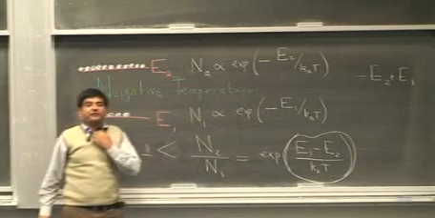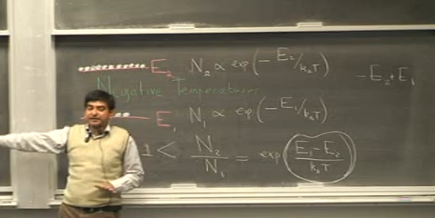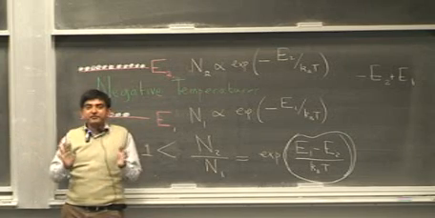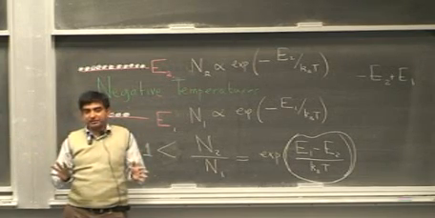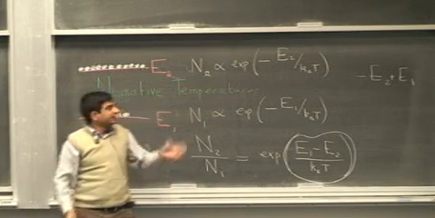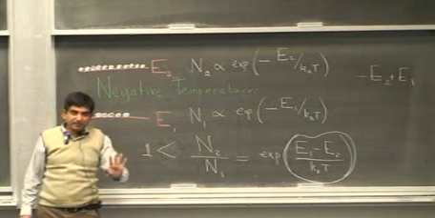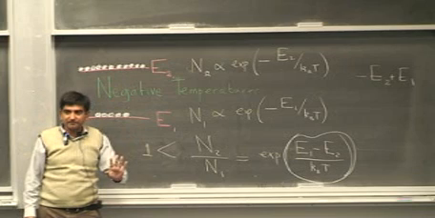So if we were to define temperatures as I've defined here, as Boltzmann has defined, that is, the temperature defines the population of energy levels. If we stick to this definition, then yes, this population distribution corresponds to a negative temperature. Alright?